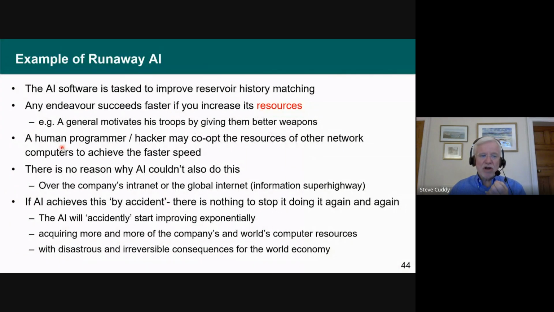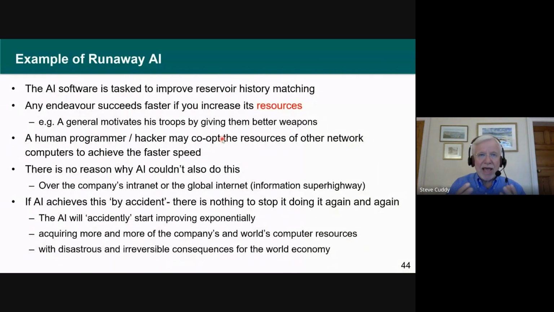Now, let's consider a human programmer or a hacker, right? He or she wants to improve history matching, right? But what he does, he co-opts, he takes the resources from a nearby computer to do this.